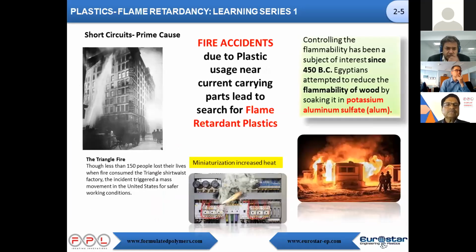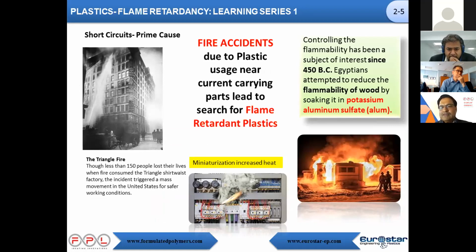Next. And why these flame retardant requirements? I think when people started using plastics in electrical industries, especially for household appliances, there were a lot of fire accidents which were traced down to the plastic catching fire and propagating the fire.